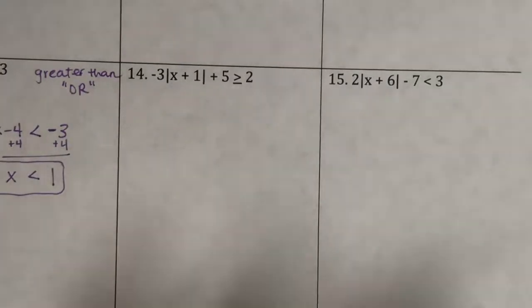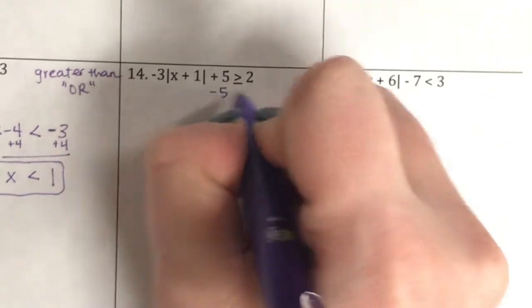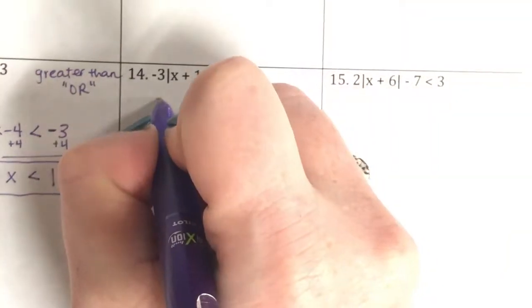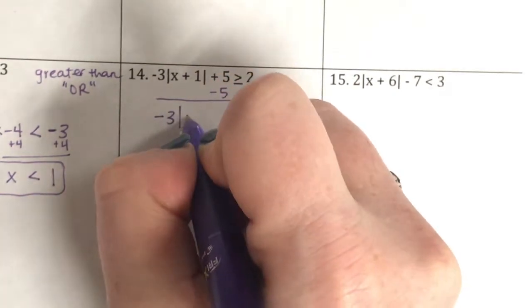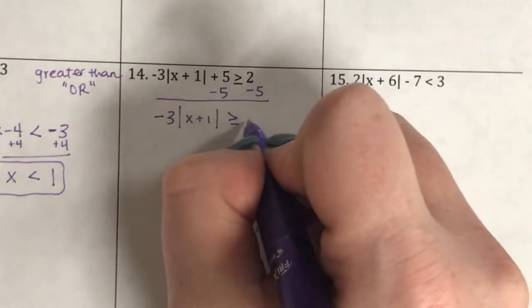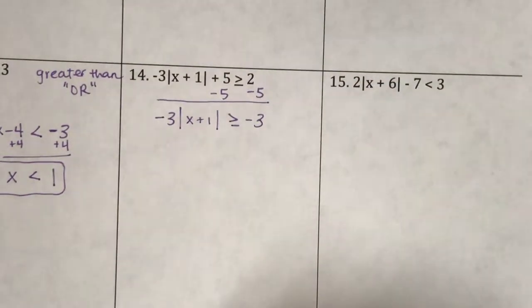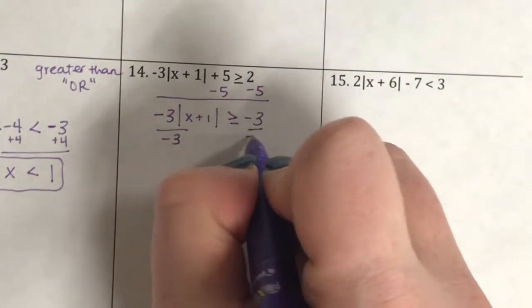Number 14, start by isolating. So we're going to subtract 5 first. I get -3, absolute value of x plus 1 is greater than or equal to -3. And then I need to divide the coefficient.